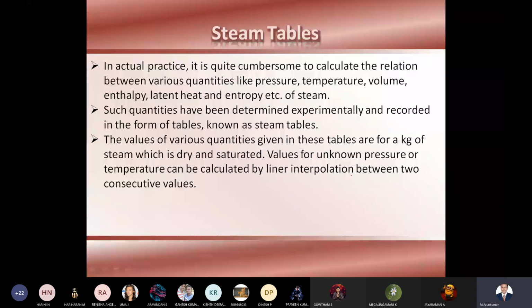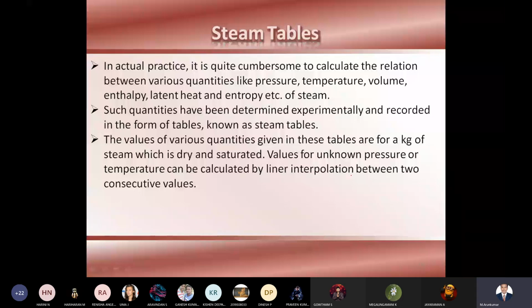So we can call the property tables for steam the steam tables, which have the properties of steam like pressure, temperature, and all the other thermodynamic properties of the steam.